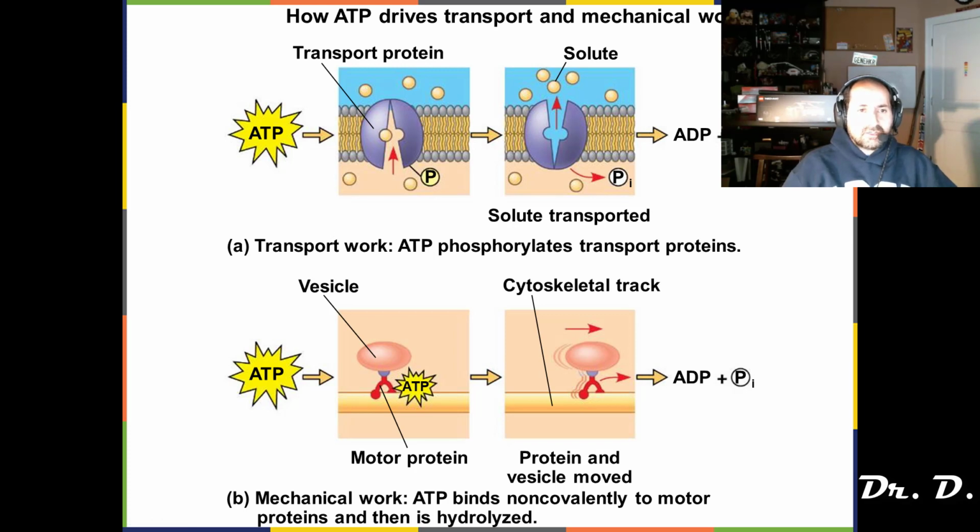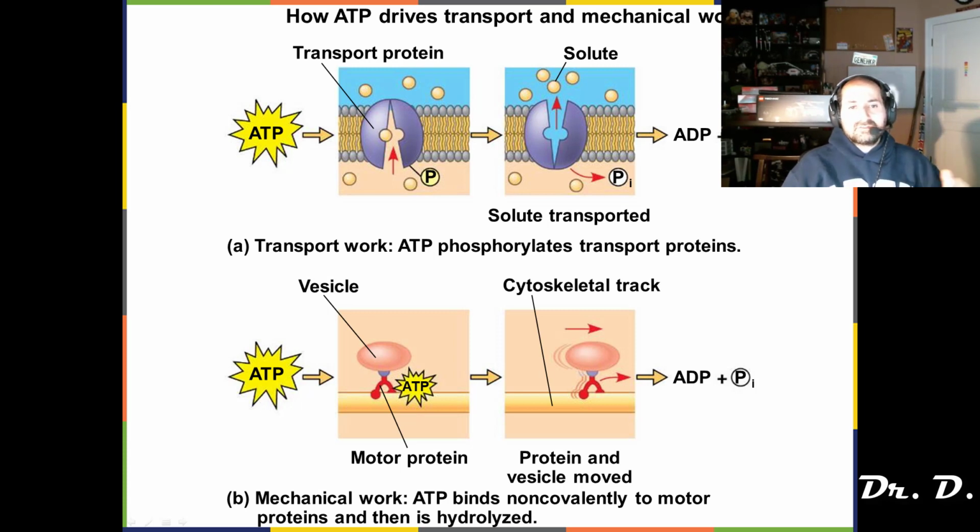Anytime the cell wants to do something like transport stuff against the concentration gradient or move stuff across the cell, it's going to grab an ATP molecule and hydrolyze it into ADP and inorganic phosphate, and that's what's going to provide the energy to do that thing.